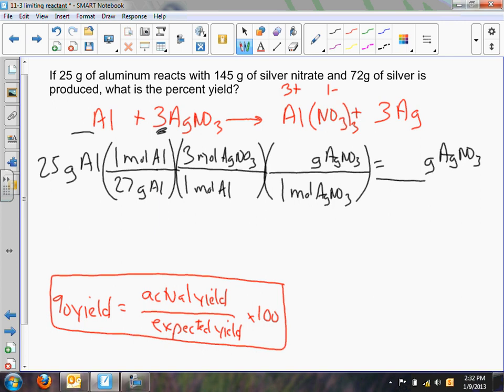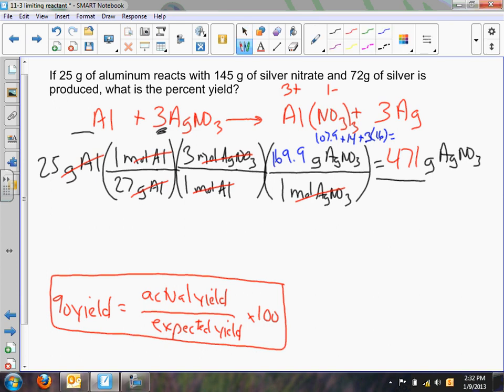Well, you need to add up 107.9 for the silver, plus the 14 for the nitrogen, plus 3 times 16 for the oxygen, and that should equal 169.9 grams. Notice if we check all of our units, they all cancel out, and I'm left with grams of silver nitrate. So multiplying all this together, you should end up getting 471 grams of silver nitrate.